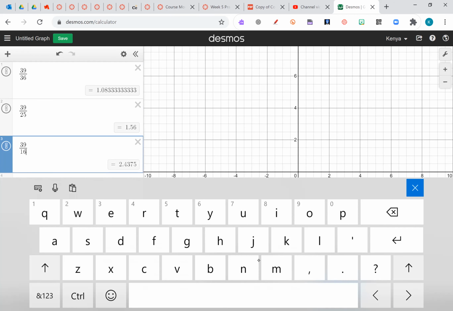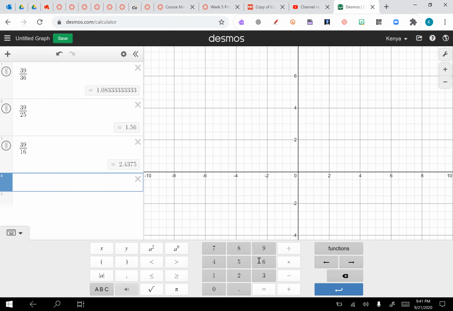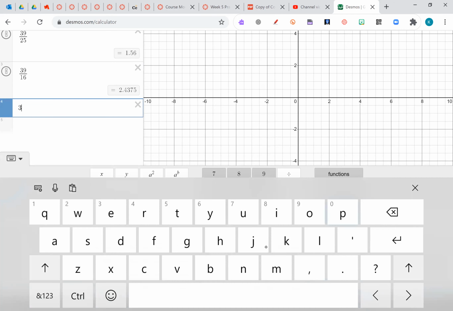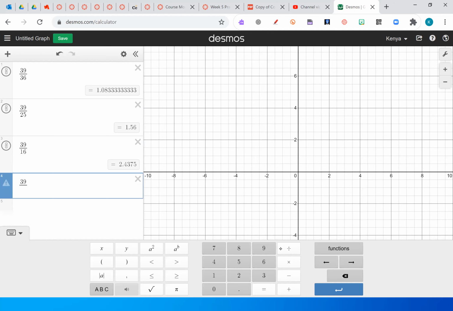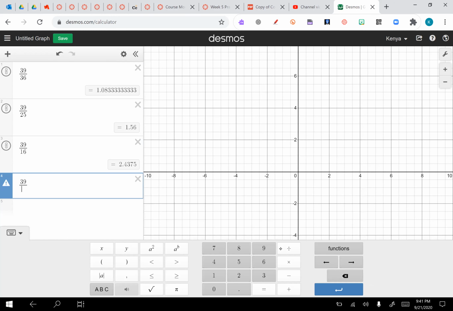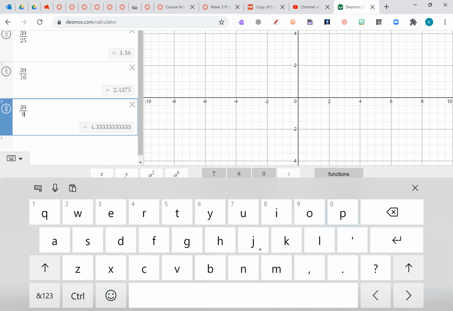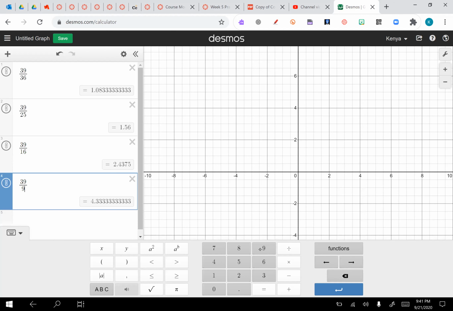That's 2.43. And 39 divided by 9. That gives me 4.33.